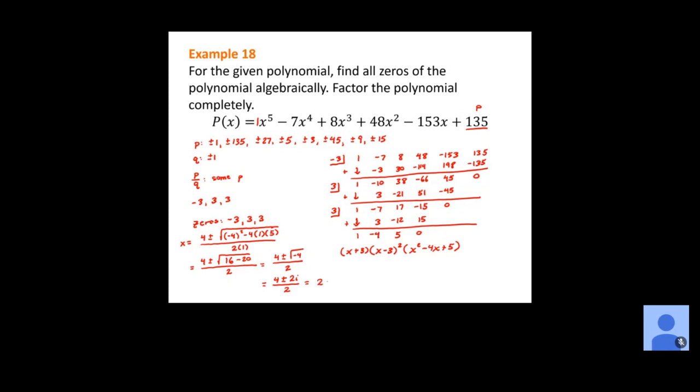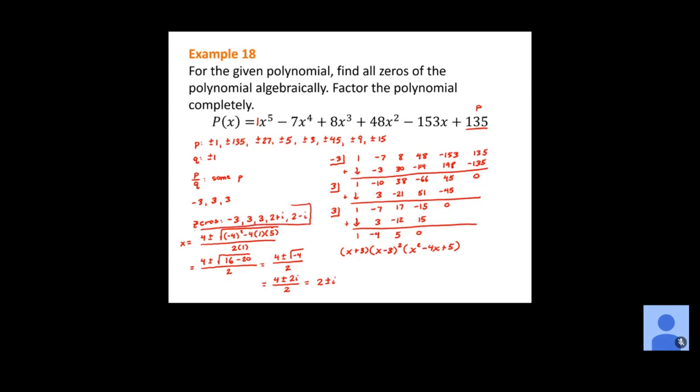You got it. 2 plus or minus i. Because we can divide 4 by 2, that gives us 2. 2i divided by 2 is just 1i, and then we have to remember the plus or minus. So now our last two zeros are going to be 2 plus i, 2 minus i.